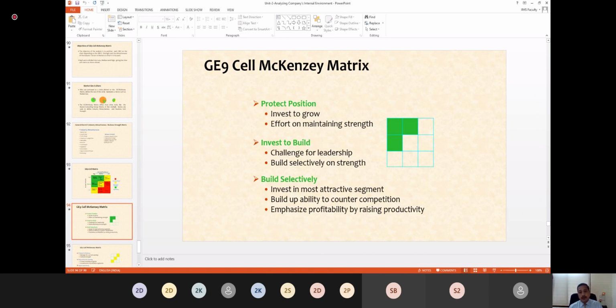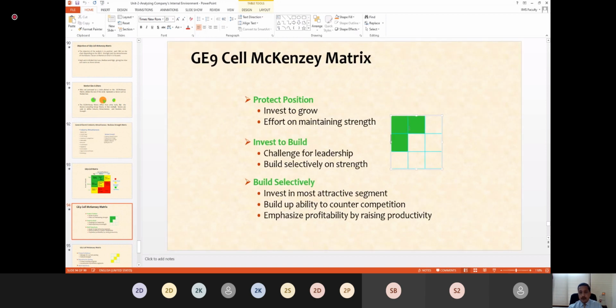First, in this G9 matrix, we have to discuss these three green zones, three green cells. Are you able to see this, which I want to show you through this cursor? Is it visible?